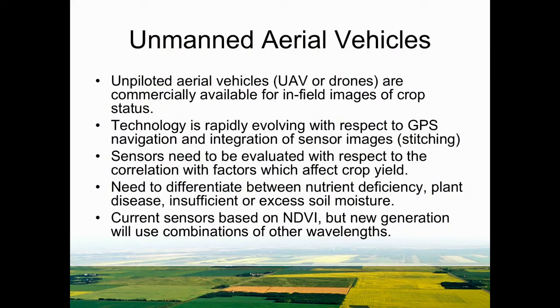So certainly the sensors need to be evaluated with respect to that. You have to differentiate between nutrient deficiency, plant disease, and insufficiency or excess soil moisture. Current sensors are based on a normalized difference vegetation index, but new generations will probably use other wavelengths in addition to red and near infrared technology.